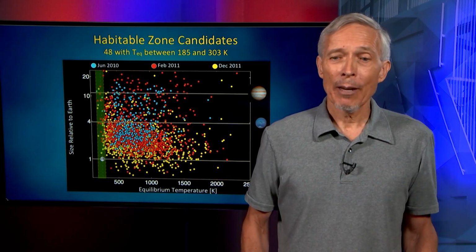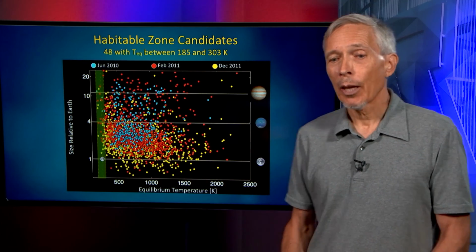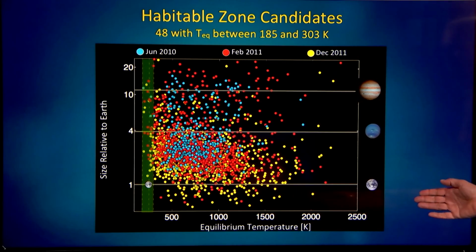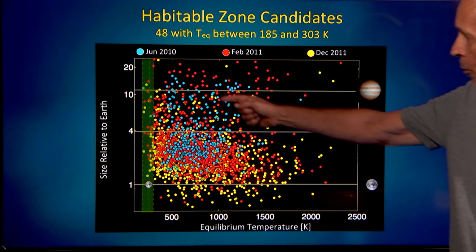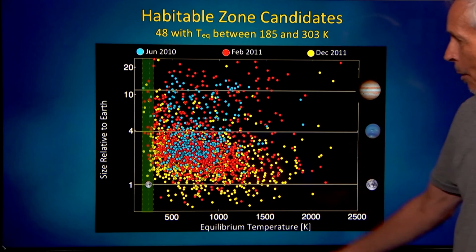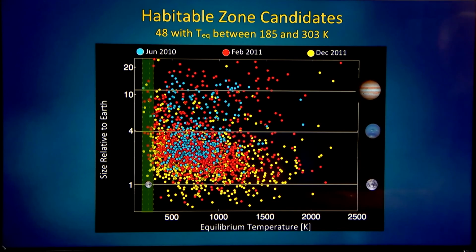Using these conventional definitions, however, we can look at the equilibrium temperature for a large number of exoplanets found with the Kepler spacecraft. Here are the sizes relative to the Earth, and as we know, Kepler has been quite adept at finding planets as small as the Earth or even smaller.